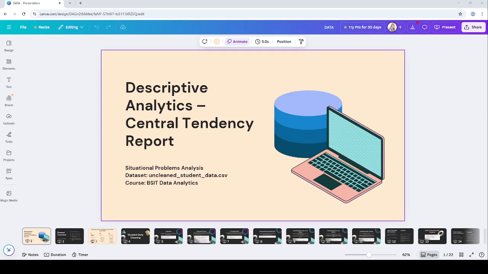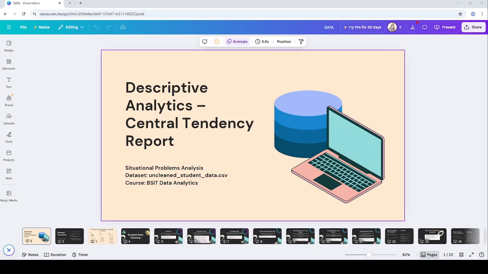And after that is the GWA of enrolled BSIT students. Here we filter course BSIT and enrolled yes, and we clean the GWA to 1.0 to 5.0, and we remove malformed entries, like we found there's some 5.1.